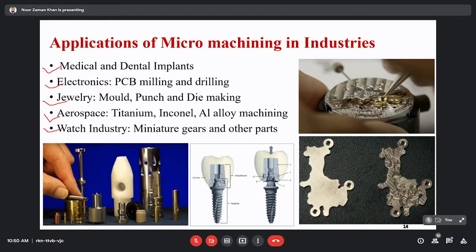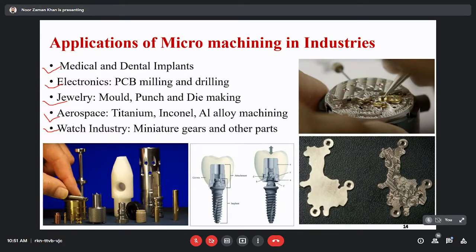If we discuss in detail, the demand for micro parts is consistently increasing in medical applications. Why? Because the human body has a limited capacity to accommodate foreign devices. Generally, if you put in any foreign device, the body will reject it.